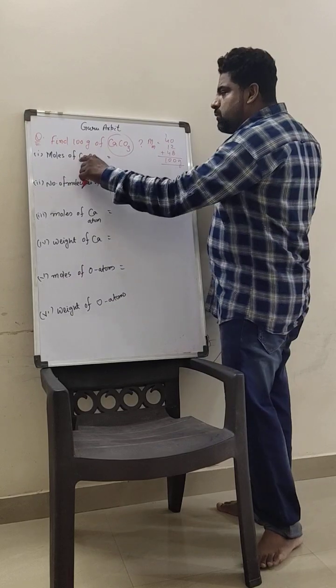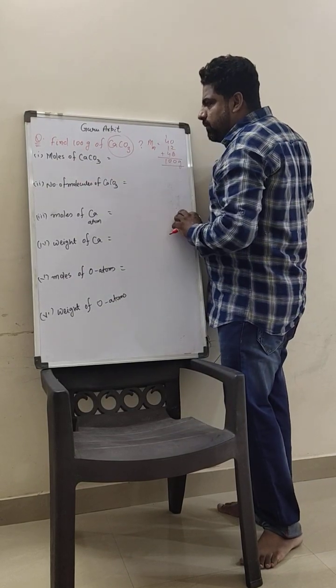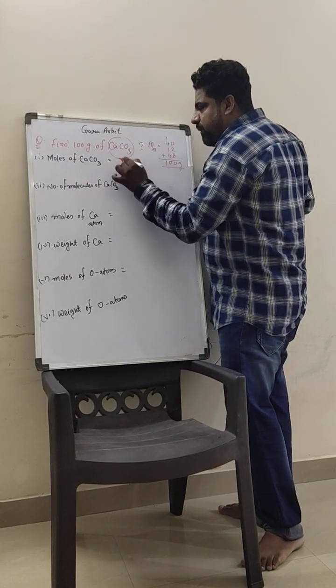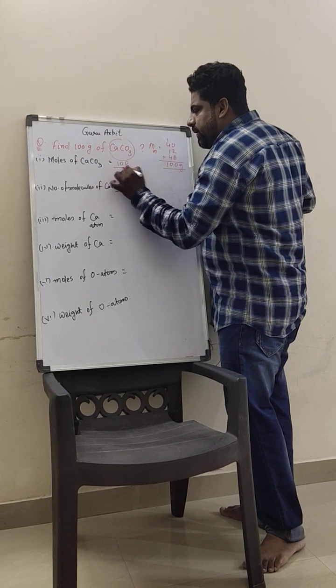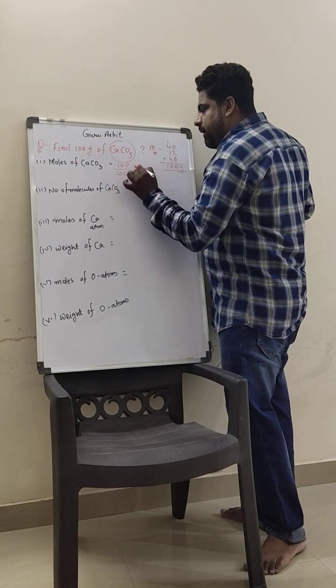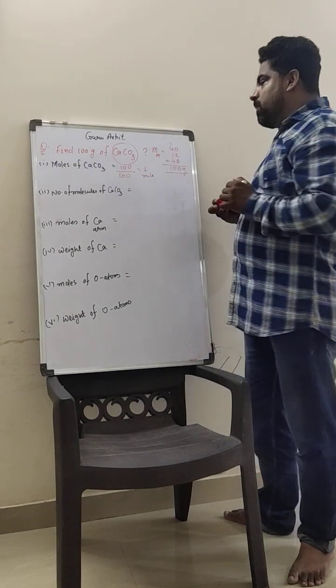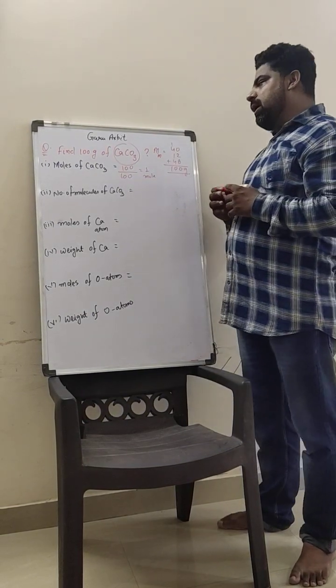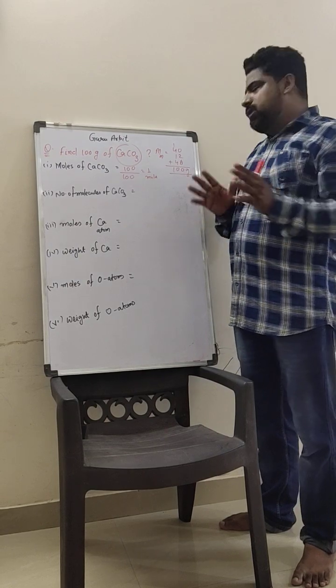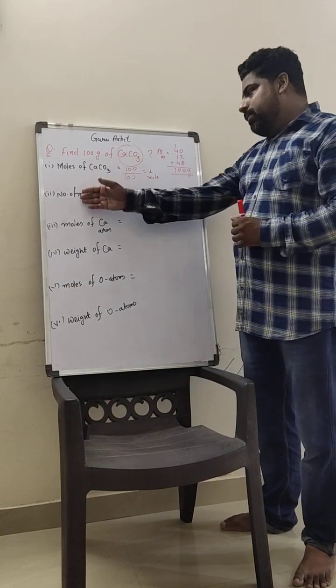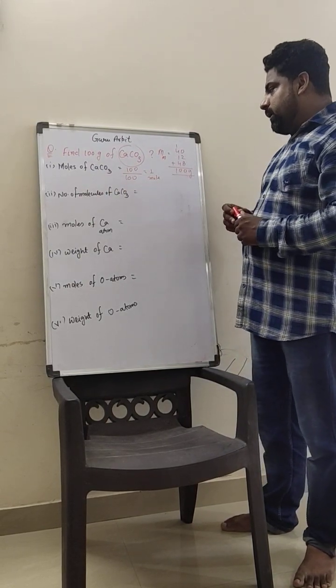So the moles of calcium carbonate, by using the formula, is the given mass 100 divided by 100, which is 1 mole. So how many moles in 100 gram of calcium carbonate? That is 1 mole. And how many molecules in calcium carbonate?